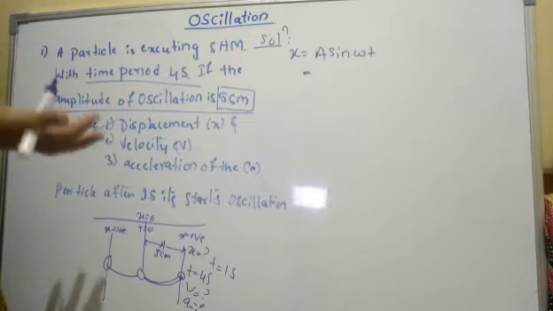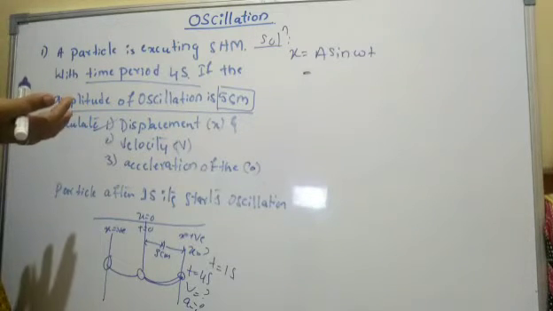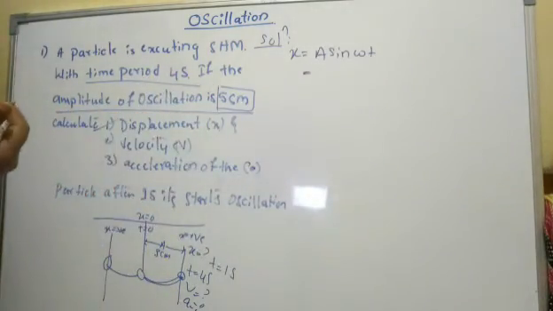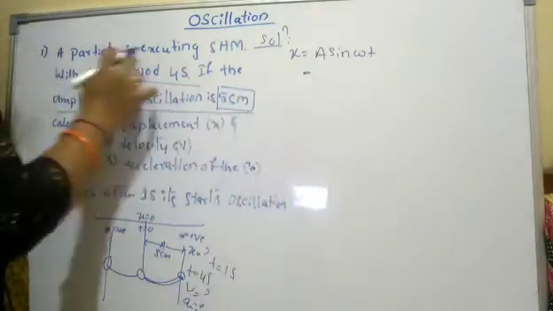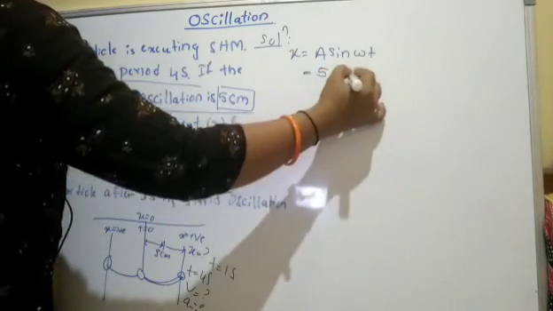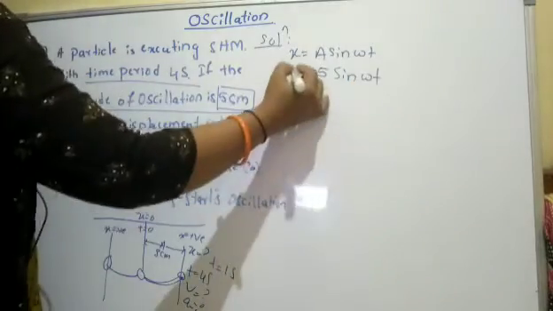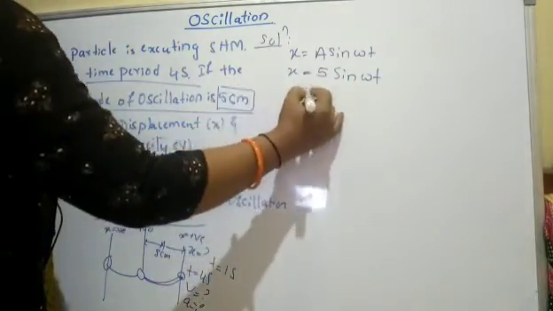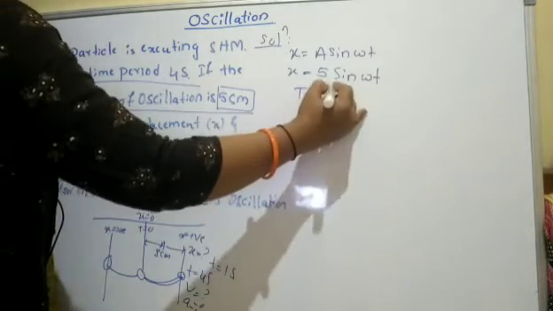So better we take the positive side so that it is easy to do the solution. The amplitude is 5 centimeter, so x is equal to 5 sin omega t, and the time period is given as 4 seconds.